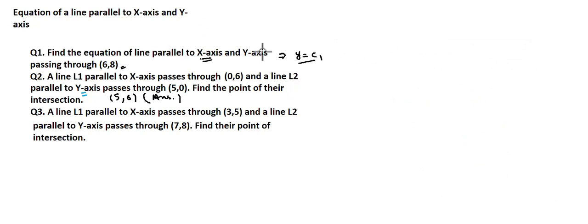Okay, so once again, let's take the quadrants. Let me draw the quadrants and tell you how it works. This is very important. This is x, this is y, this is our origin. Now moving to L1, it is parallel to x-axis and passes through 3, 5.